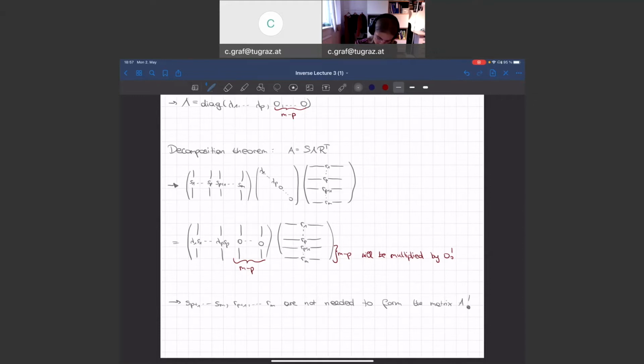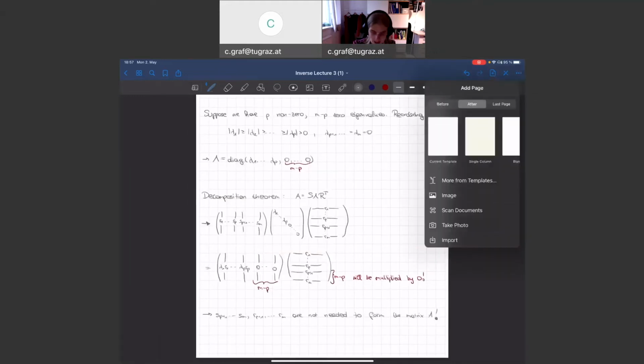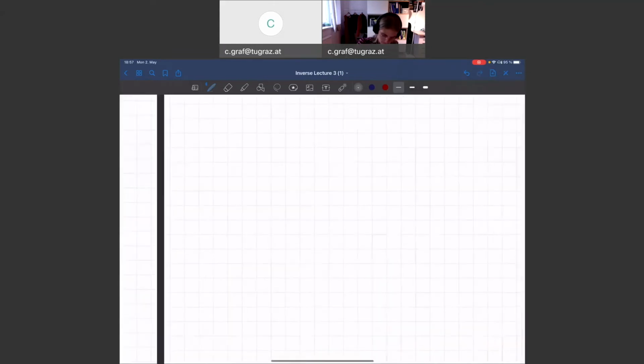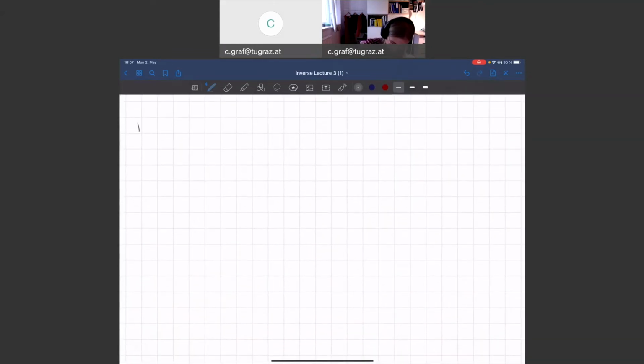And before we continue, we will make a few definitions with that. First, we decompose the matrix S. Remember, the matrix S contains the eigenvectors corresponding to the matrix A. We define S as being SP in the first part and S0 in the second.